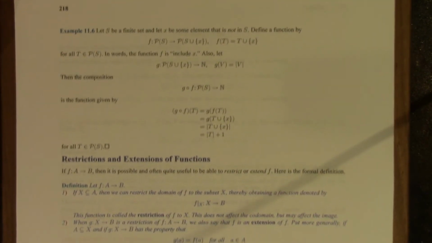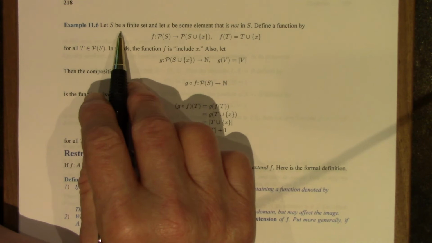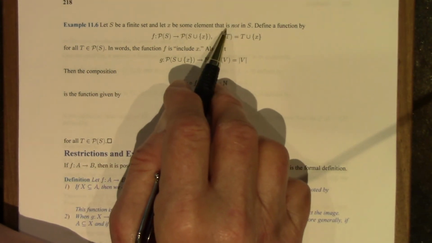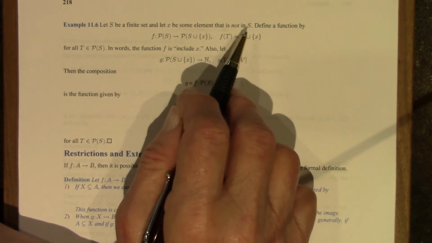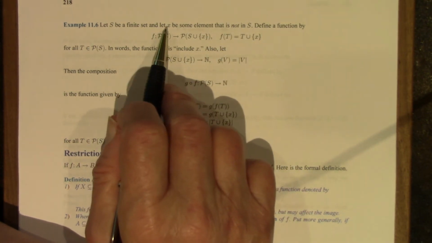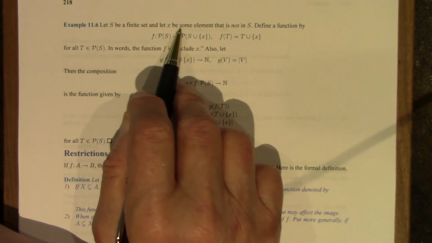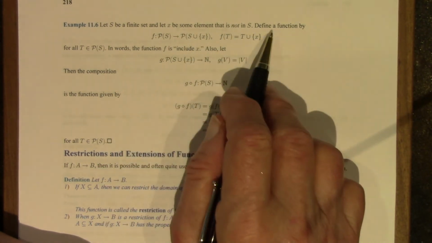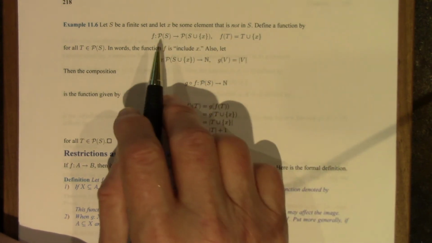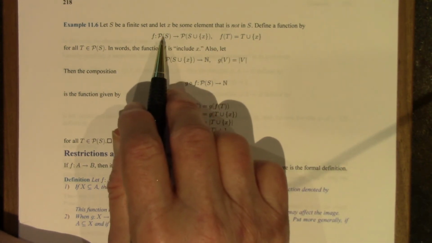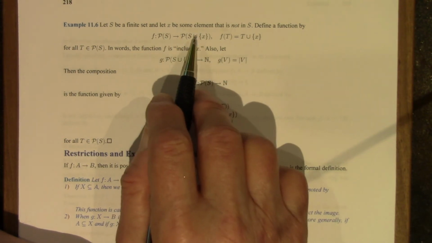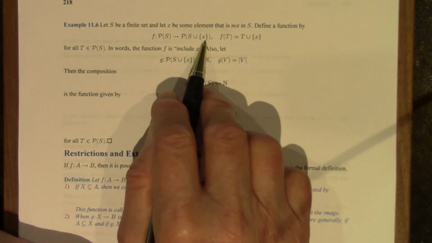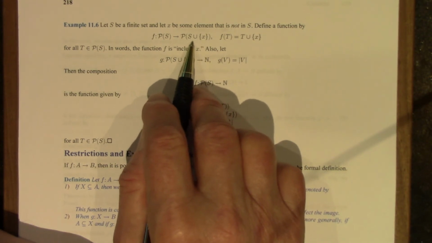Here's an example. S is a finite set, and let X be an element that is not in the set S. I guess I probably should have said let X be some set that is not in S, but element is fine. Define a function F that takes the power set of S to the power set of this union, in other words, S with X tossed in.